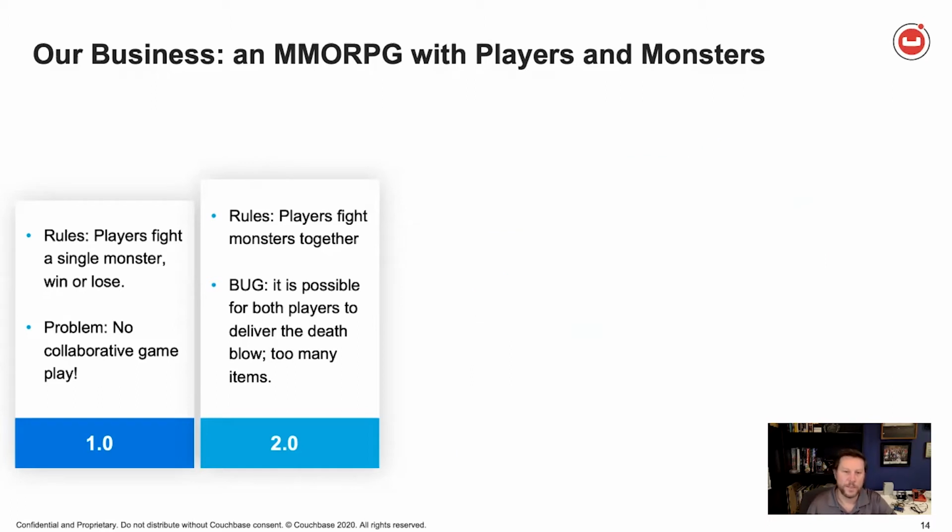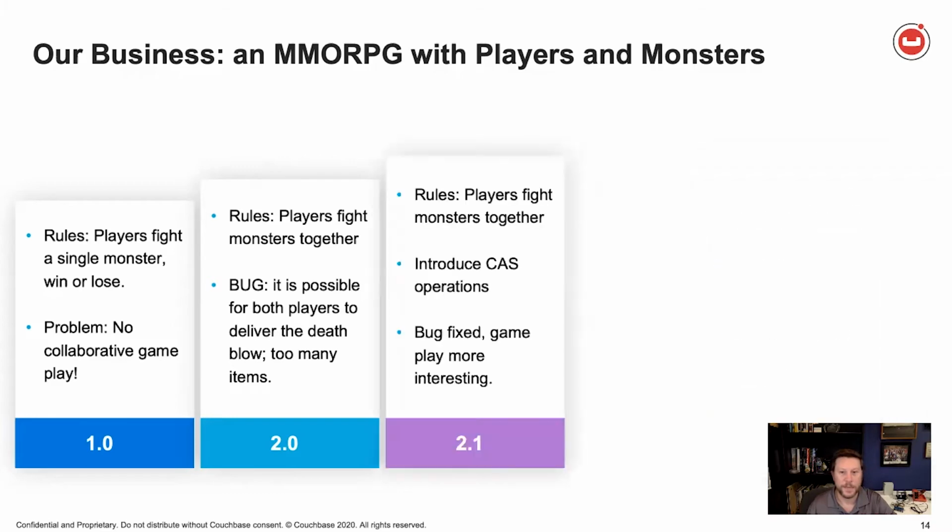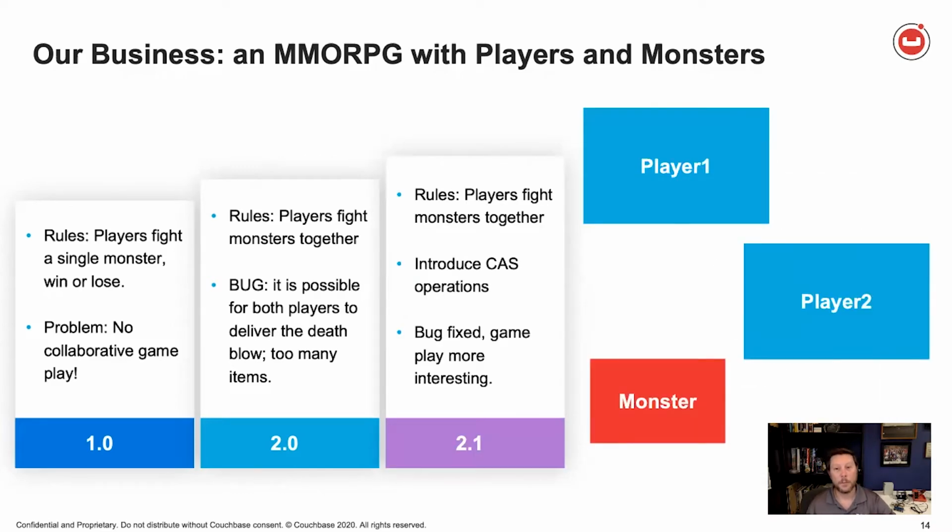I think what we'll need to do is introduce a fix. We'll still allow multiple players to fight a monster. But what we're going to do is take one of those tricks that we have: Couchbase CAS operations. With the CAS operation, multiple players are fighting that monster, lowering its hit points until it gets down to 0. But only one of those players is going to be able to deliver the death blow to that monster and win an item.